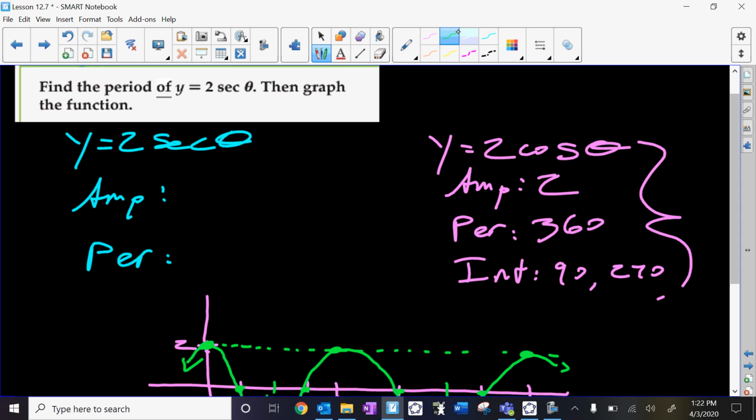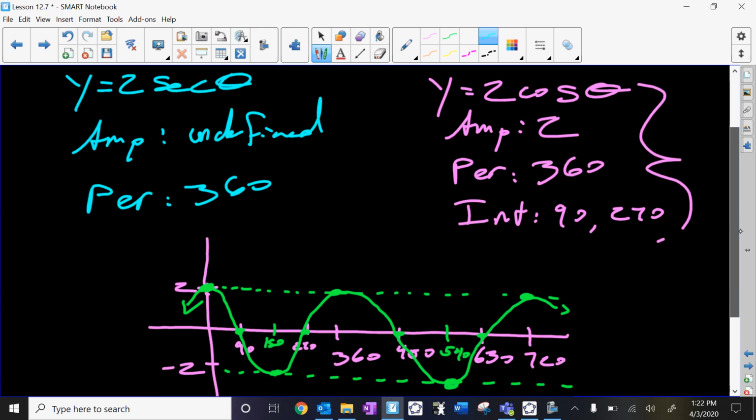In terms of our secant function, there is no amplitude, so we're calling this undefined. And our period is exactly the same as our cosine function, so 360. Remember, we're dealing with asymptotes here.